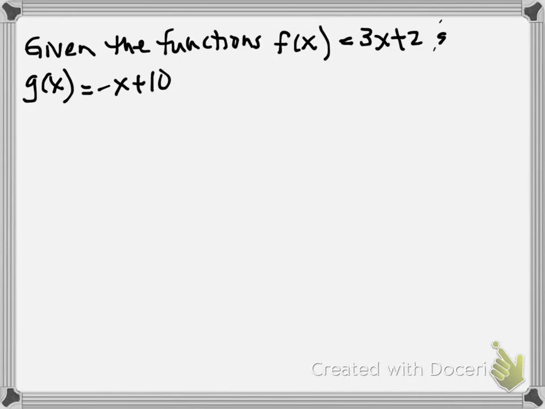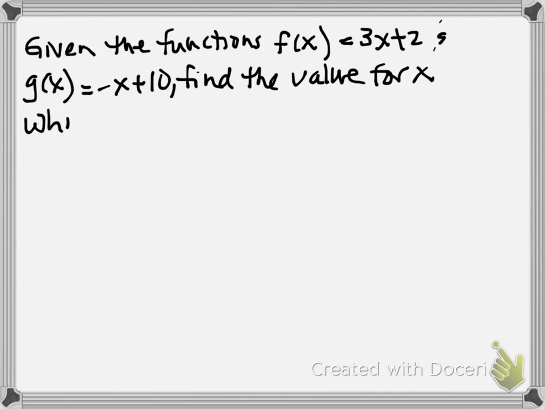Okay, so we have these two functions, and what we want to do is find the value for x which gives us the two functions equal to each other. Okay. So we have a couple ways to do this. Number one, we can use calculations, and we can set the function rules equal to each other.